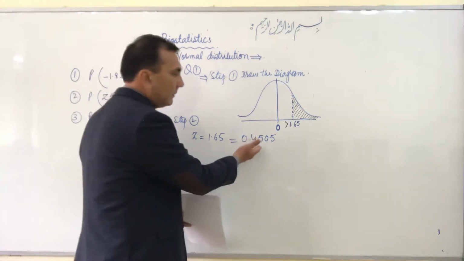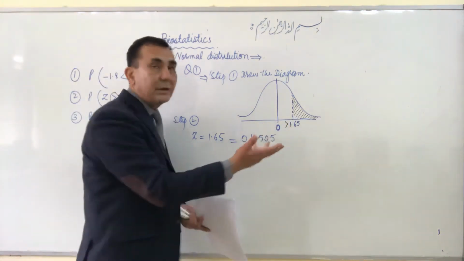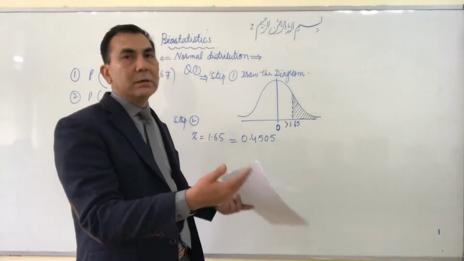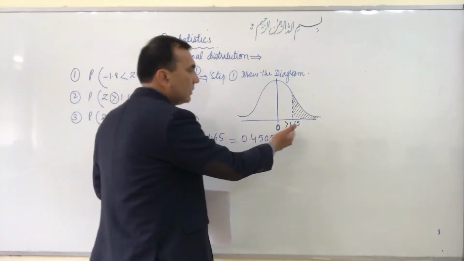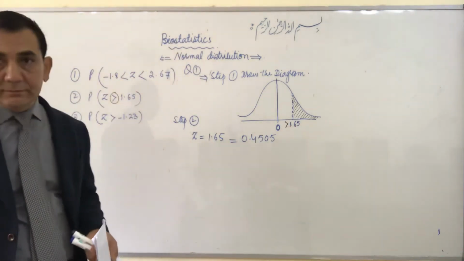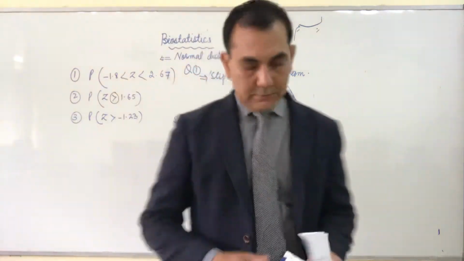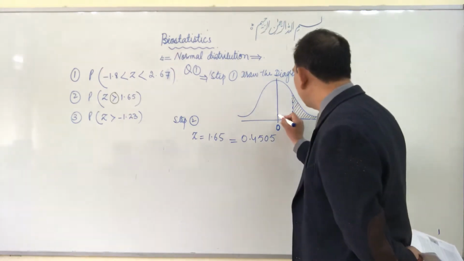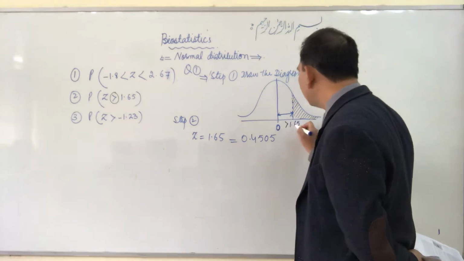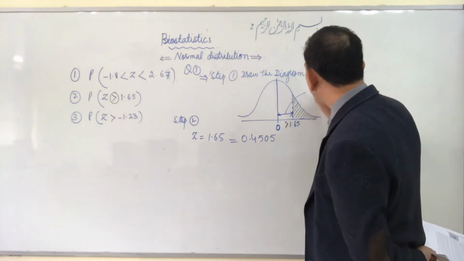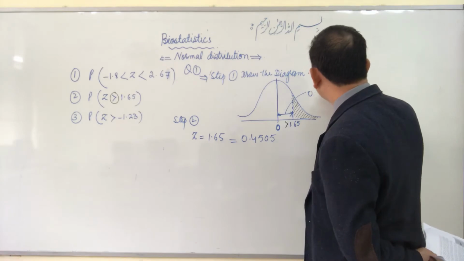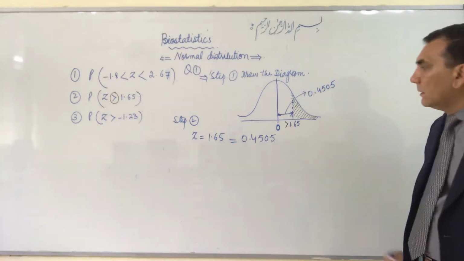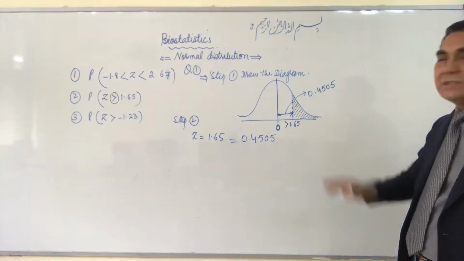Now can you say that 45.05% is the proportion which is present under the normal curve above 1.65? No, because this 0.4505 is the value which we found from 0 to 1.65.